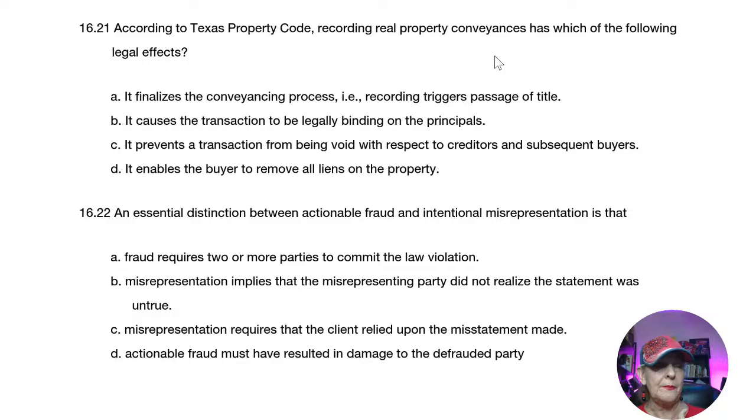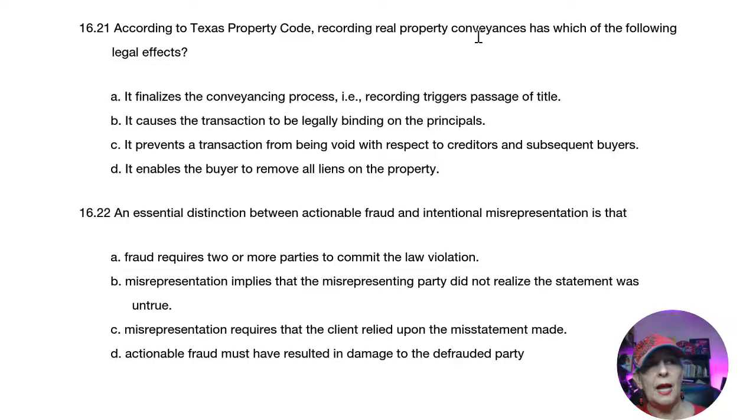B, causes the transaction to be legal and binding on the principals. C, it prevents the transaction from being void with respect to creditors and subsequent buyers. Or D, it enables the buyer to remove all liens on the property.